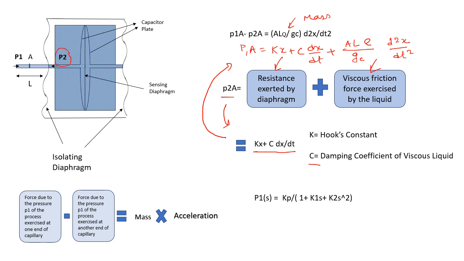So this is what we get. Now you can further divide the whole by A, and then do the Fourier transform.